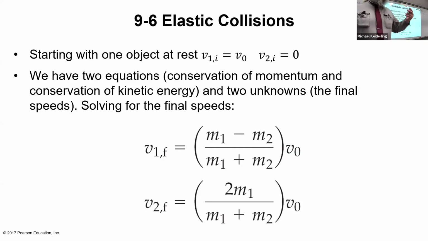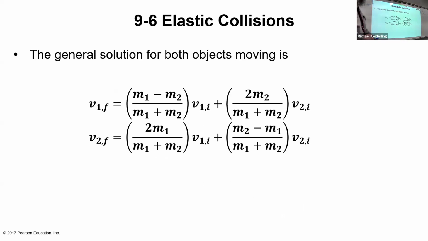Now, it turns out you can solve it if V2 initial is not 0 as well. It's just harder. So they only went through the solution in this case in your book. But I will give you the general solution. So the general solution for both objects initially moving is this.